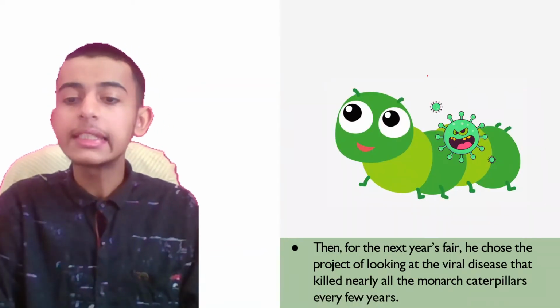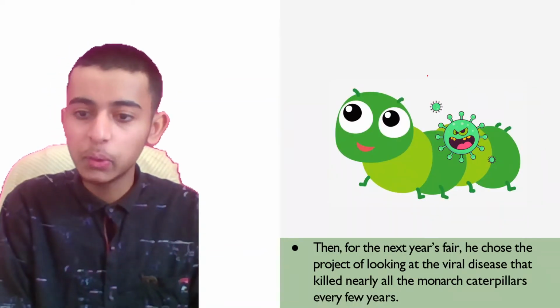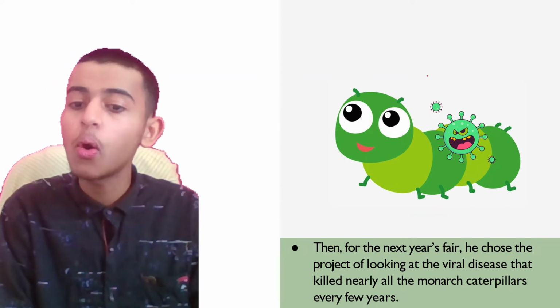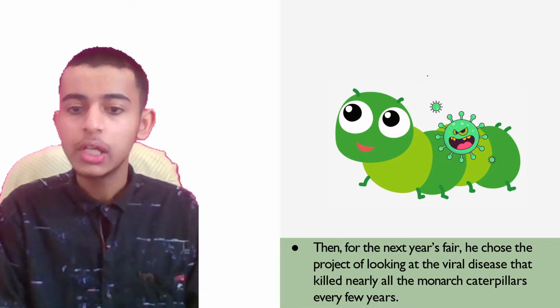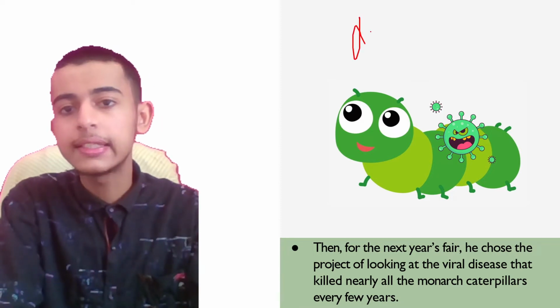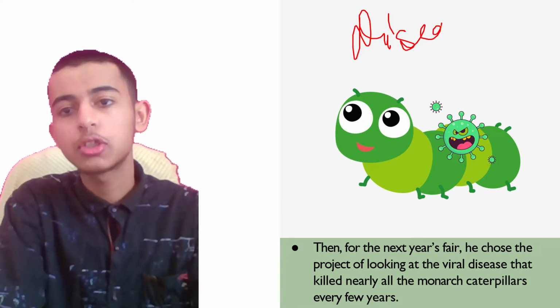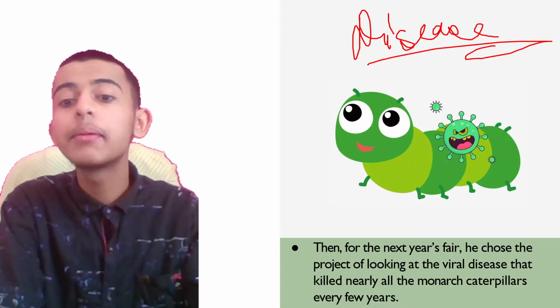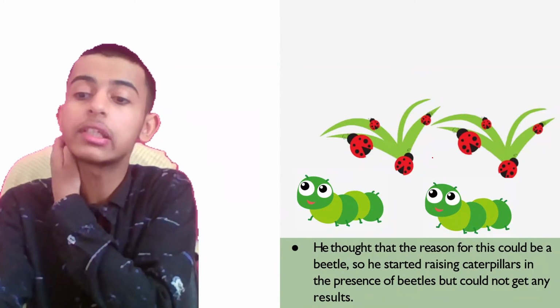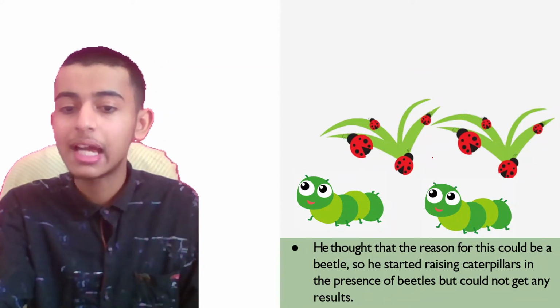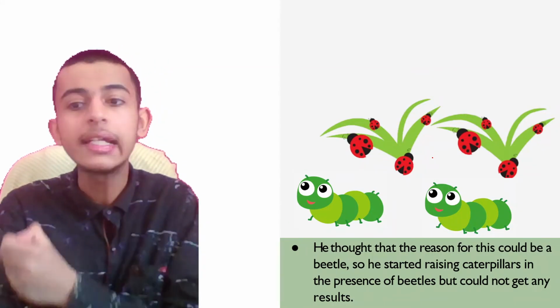Then for the next year's fair, he chose the project of looking at the viral disease that killed nearly all the monarch caterpillars every few years. So he started searching about the disease. He thought that the reason for this could be a beetle, so he started raising caterpillars in the presence of beetles but could not get any results.